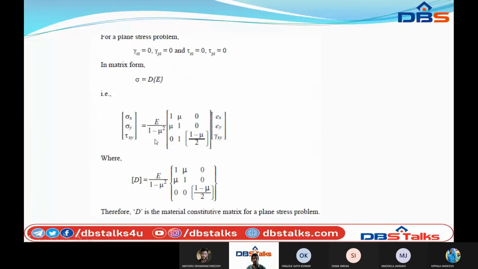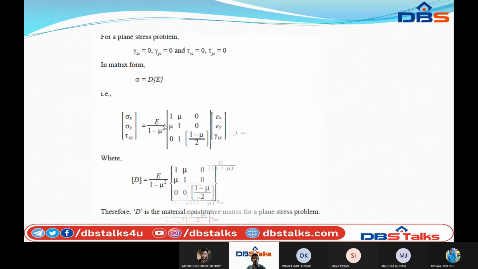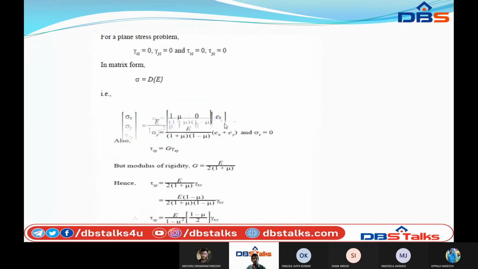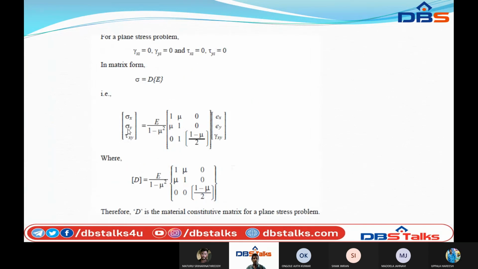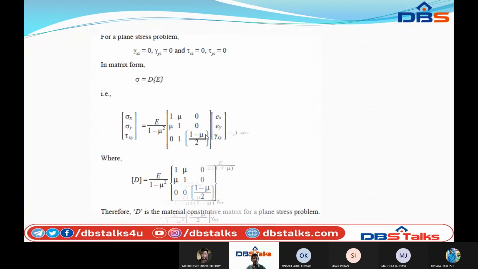Taking E by 1 minus mu square as common, the remaining will be: sigma x row is 1, mu, 0. Sigma y row is mu, 1, 0.